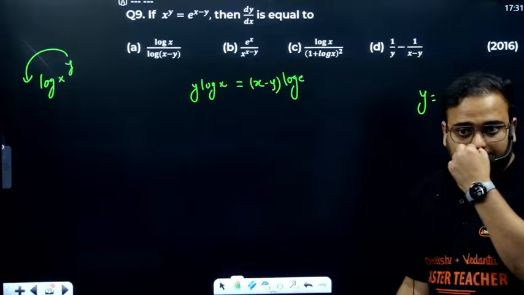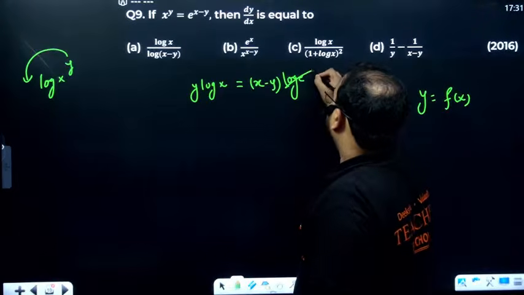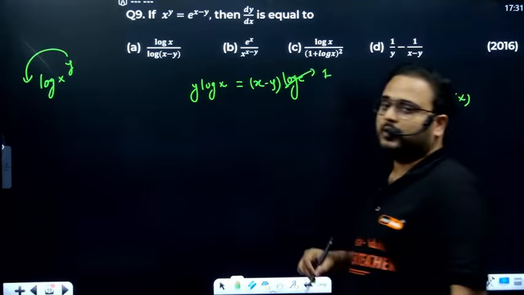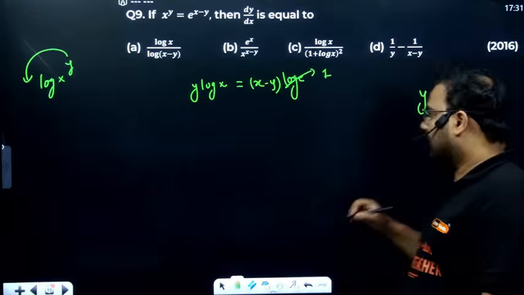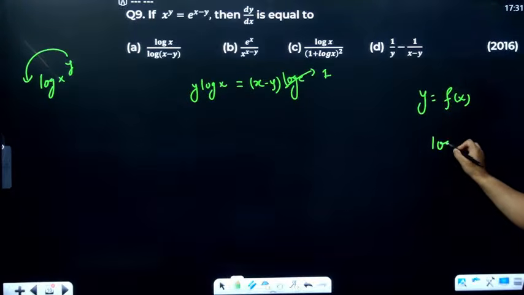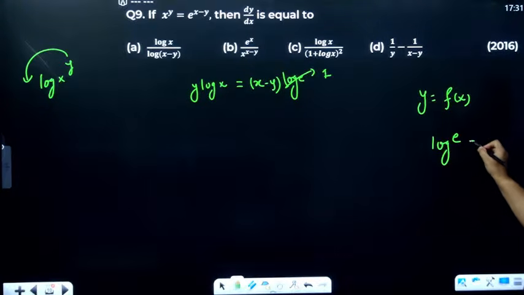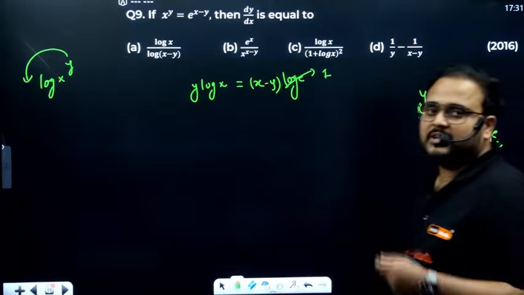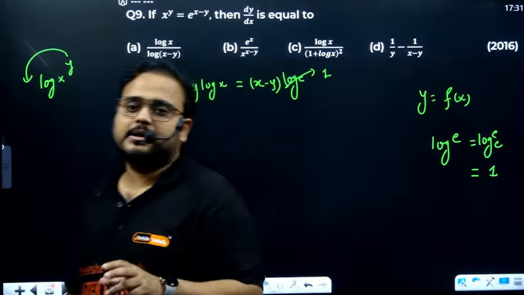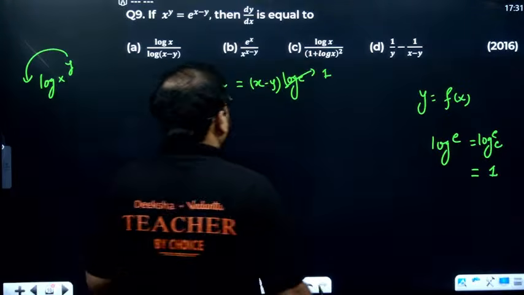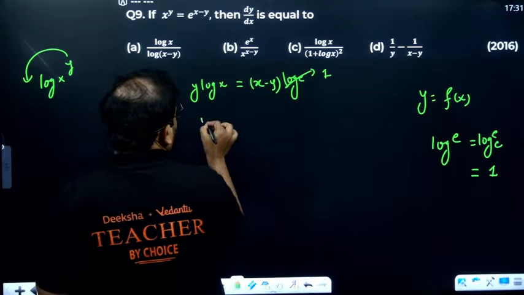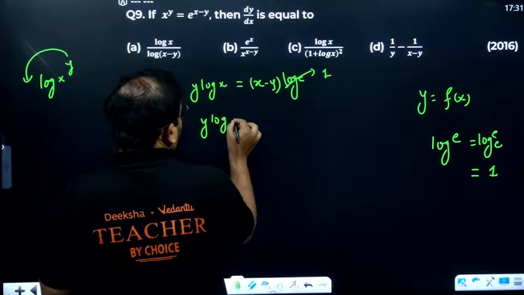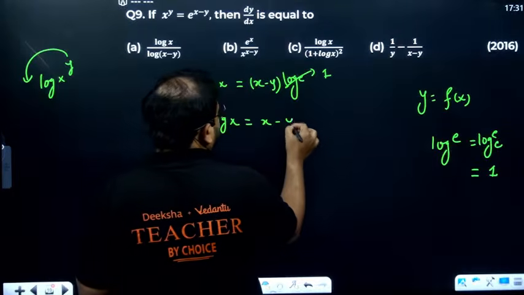Log e is equal to 1. I hope you know this. Log e means log of e with the base e. And we know the property, log of a number with the same number as base is always 1. So what I'm left with is y log x equals x minus y.